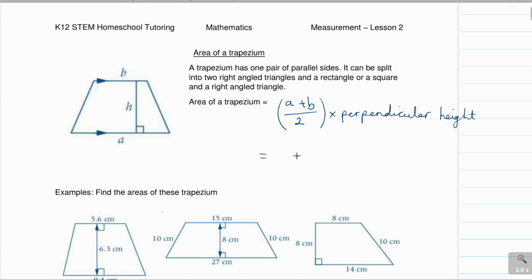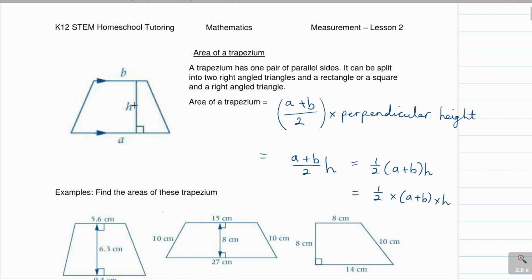Alright, it could also look like this: A plus B over 2 by height. You just need to know that this is being multiplied there. Okay, you could also write a half (A plus B) multiplied by height. A multiplication is implied between the brackets and the H. If you want to write a half multiplied by A plus B multiplied by height, all that is fine.